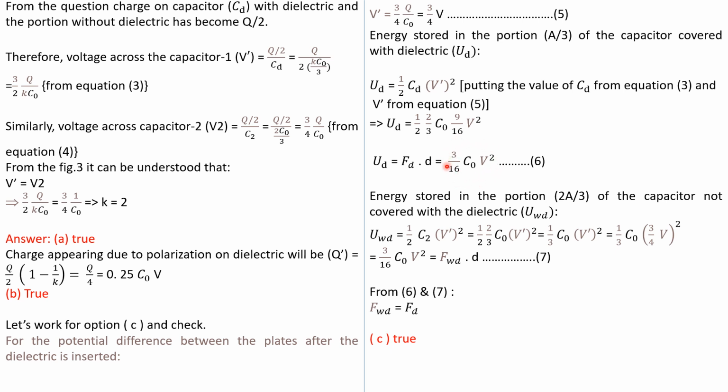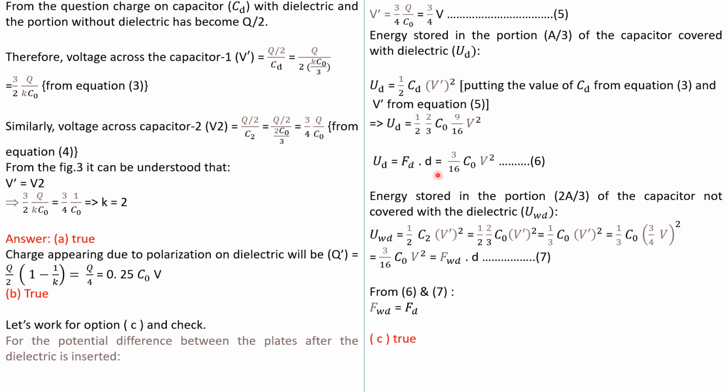This energy can be written in terms of force: the force acting to separate these two plates with Q by 2 charge and minus Q by 2 charge, with the dielectric inserted in between by a distance t.